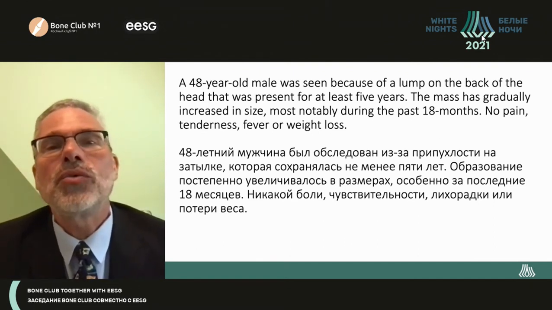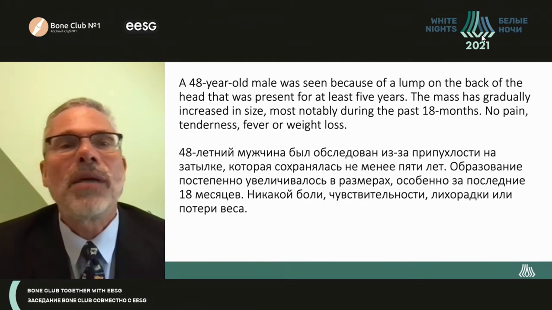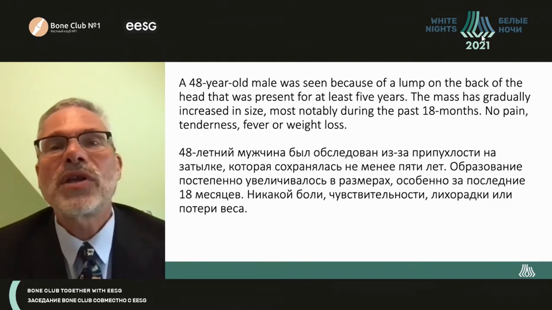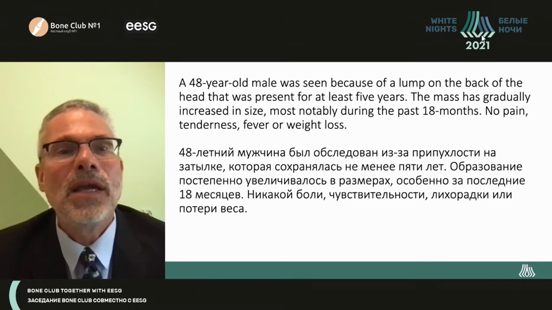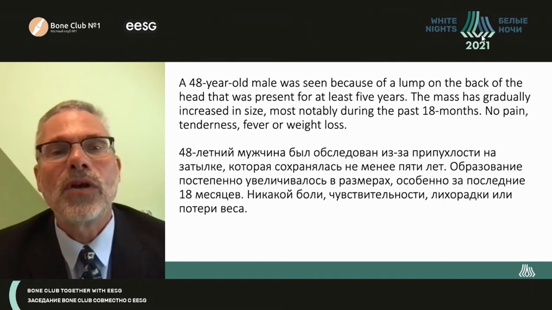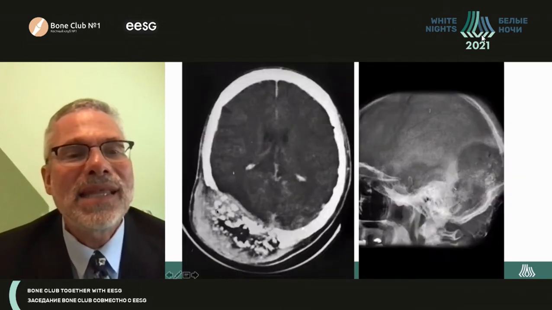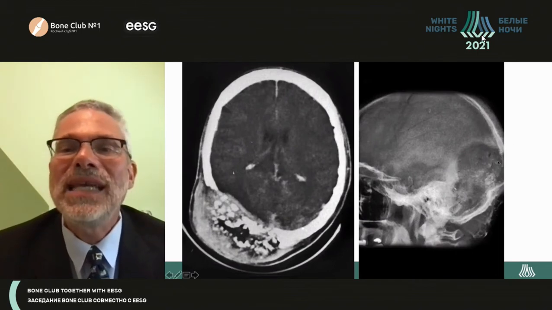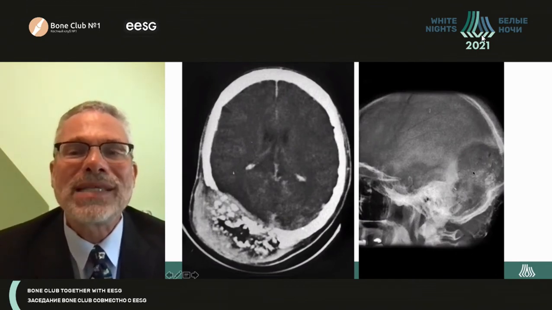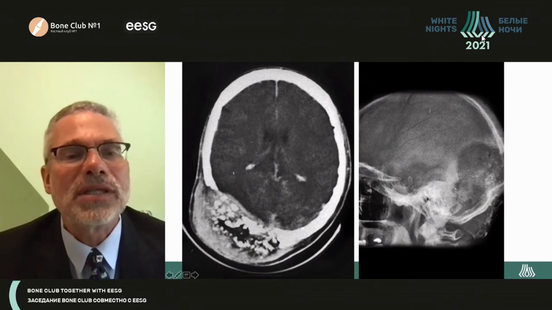This is a 48-year-old male seen because of a lump on the back of the head that was present for at least 5 years. The mass gradually increased in size, most notably during the past 18 months. No pain, tenderness, fever, or weight loss. And here we see this large mass with these densities, both on CT and on plain film, that resemble chondroid calcifications.